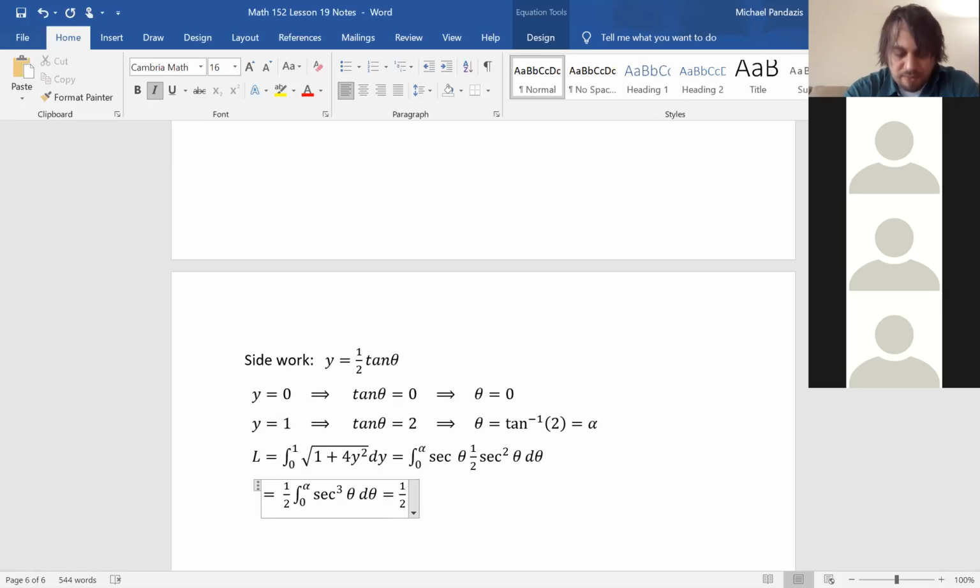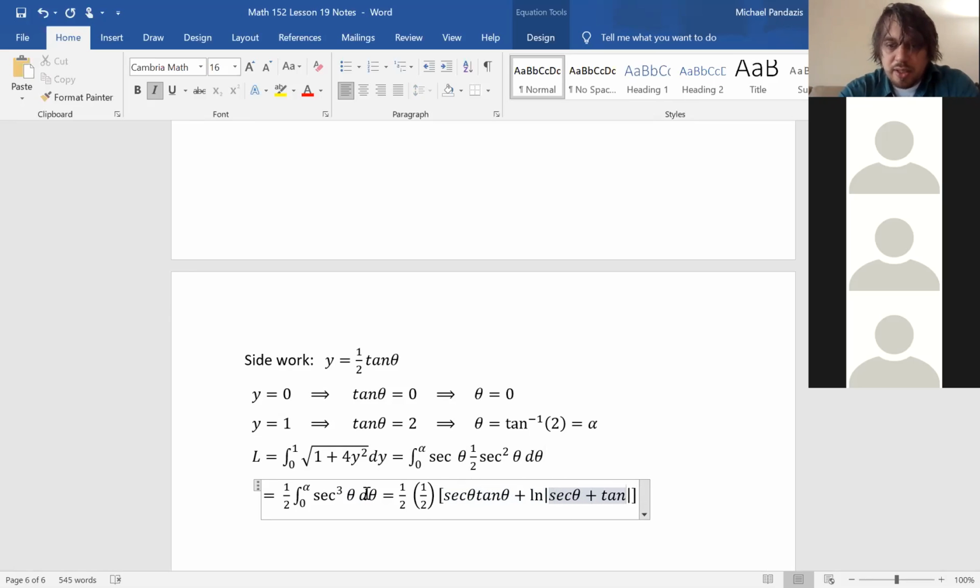When you calculate it, you get 1/2 times secant theta tan theta plus ln of the absolute value of secant theta plus tan theta, evaluated from 0 to alpha.